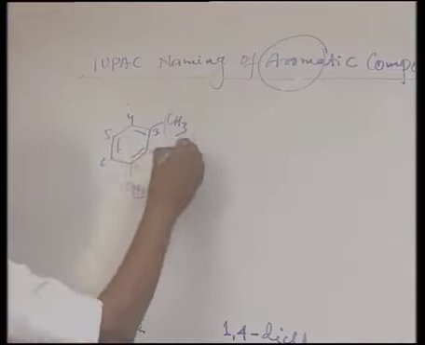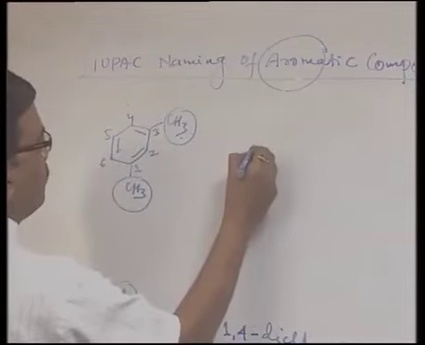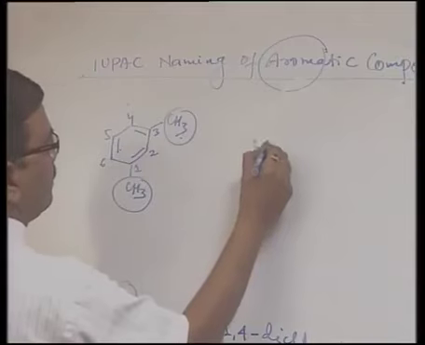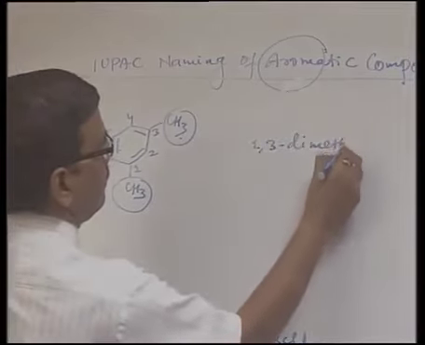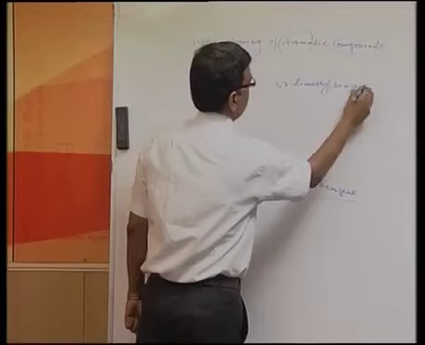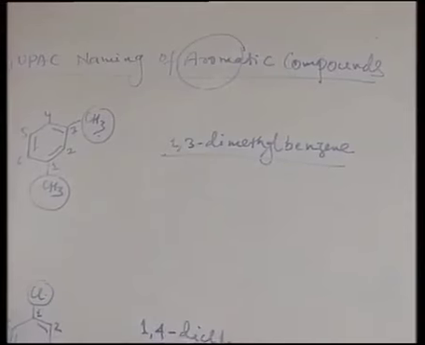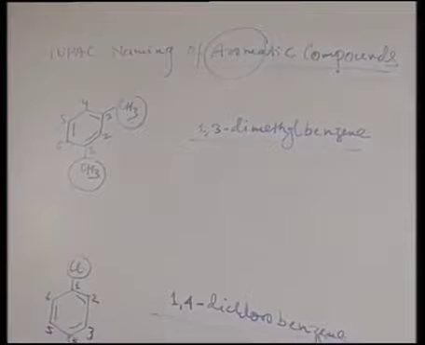We write the positions of these 2 methyl groups, that is 1,3, dimethyl and then benzene. That is 1,3-dimethylbenzene, the IUPAC name of this compound.